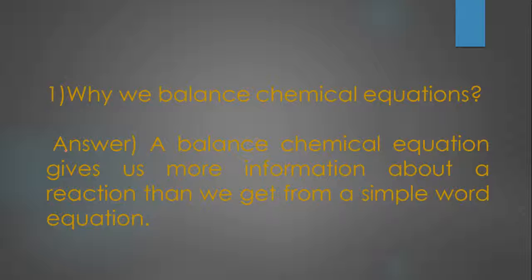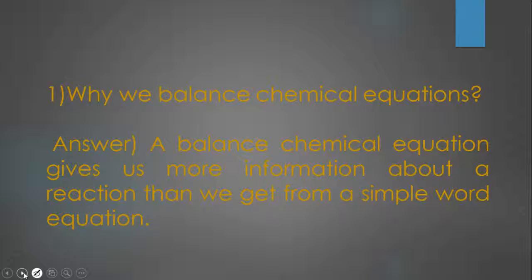So why do we balance chemical equations? Because a balanced chemical equation gives us more information about a reaction than we get from a simple word equation. Normally from just writing word equations, we cannot get proper information such as how many molecules are used, what type of gas, or whether the state is gas or solid.